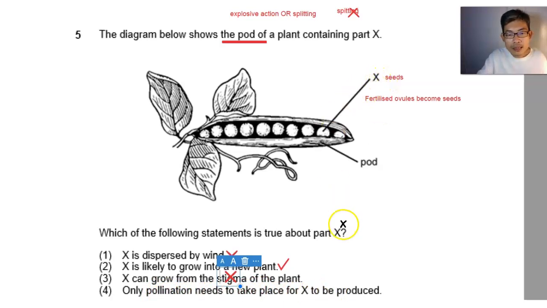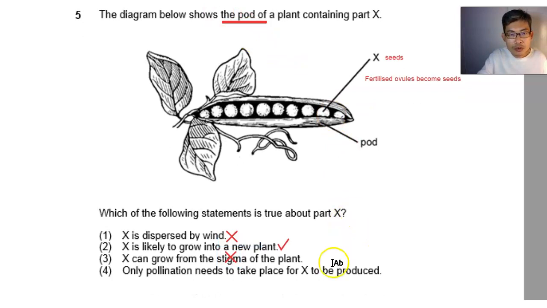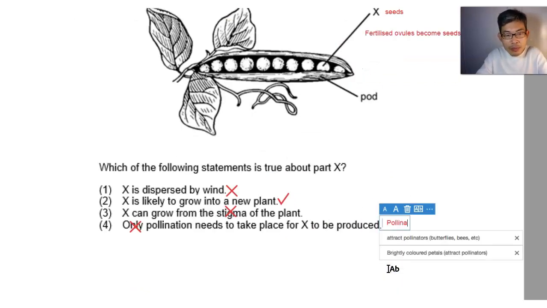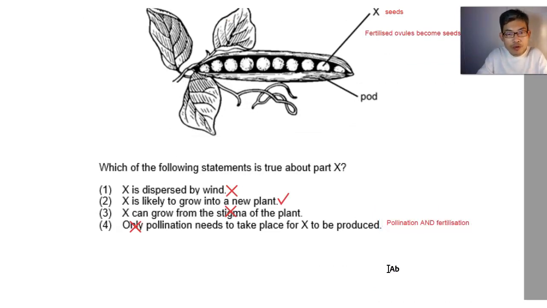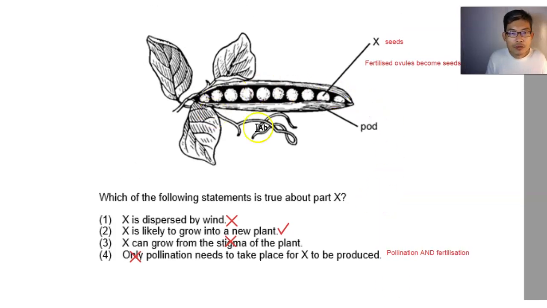Two processes are needed. Let's mark it wrong first. The word only is wrong here because there are two processes. You need to have pollination happening first and fertilization next before you can have your fruit and seeds. Both must happen.